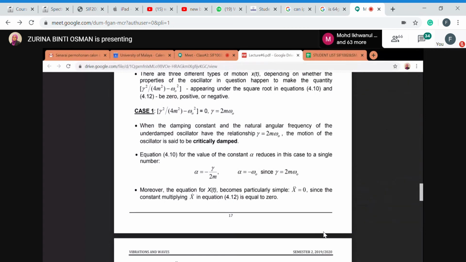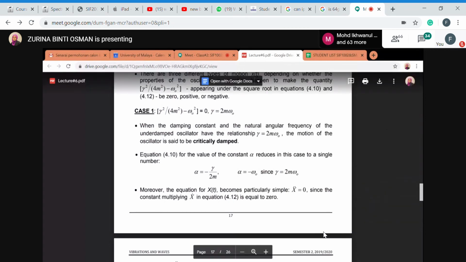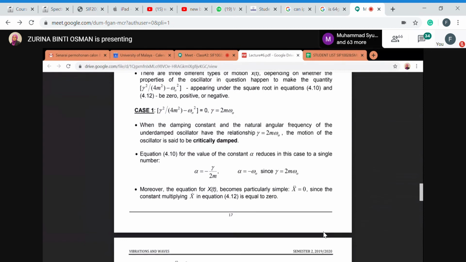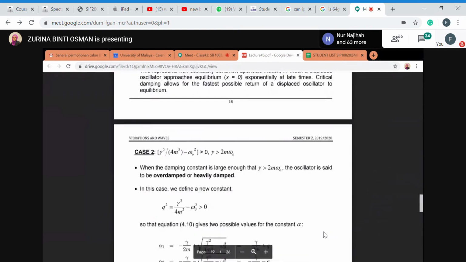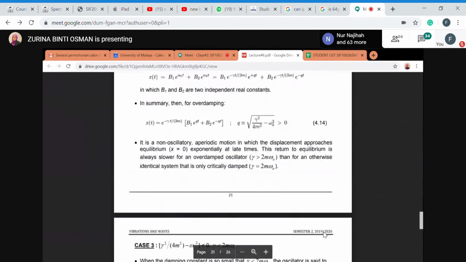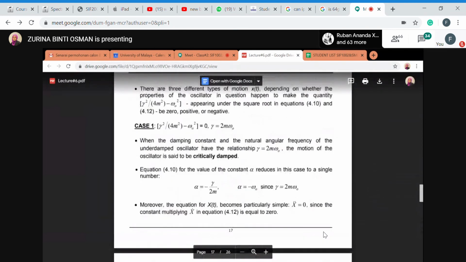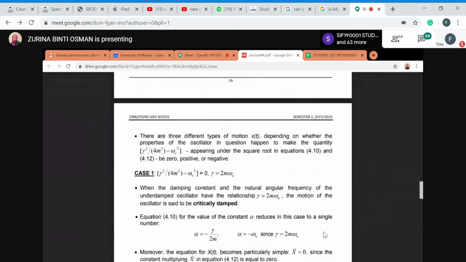One more thing I want to emphasize is how to categorize critically damped, the over damped case, and the last one, the under damped case. It is a comparison of gamma and 2m omega naught. Please bear in mind that gamma must be on the left side and 2m omega naught on the right side.